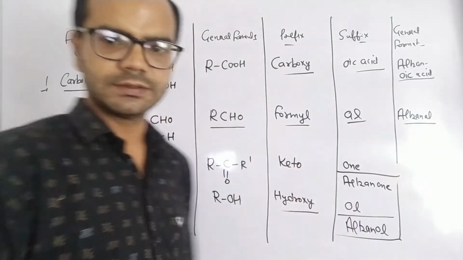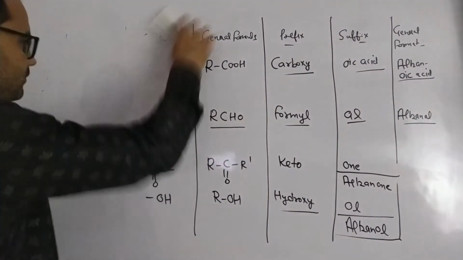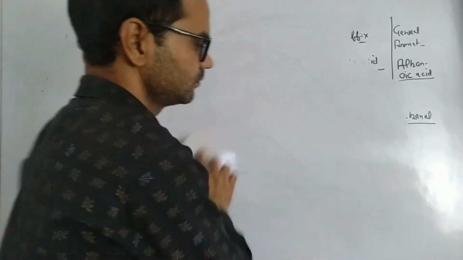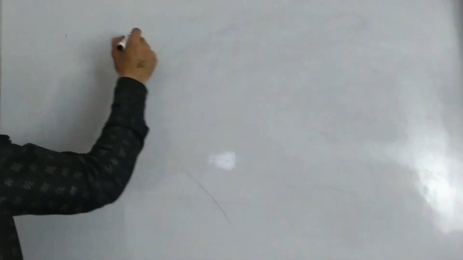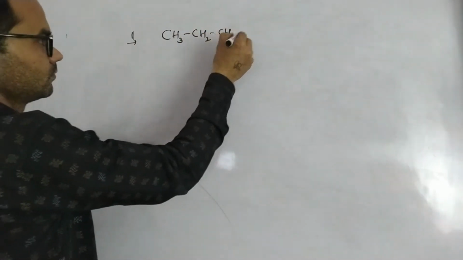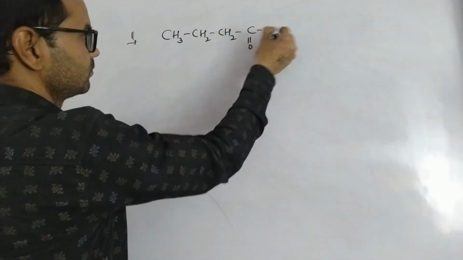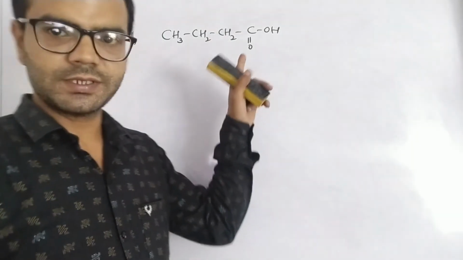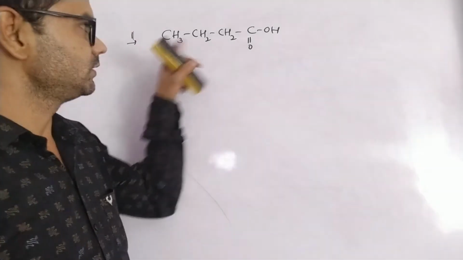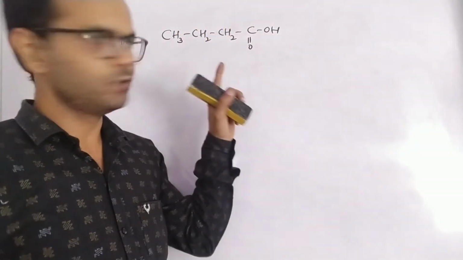Let's do some examples. We have to write the IUPAC name of this compound. So first count the number of carbons: 1, 2, 3, 4. For 4 carbons we use the word but.